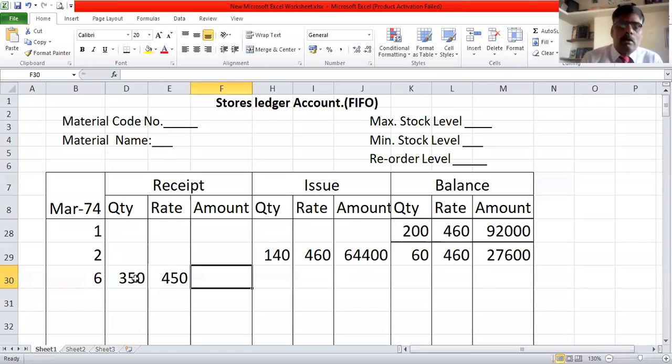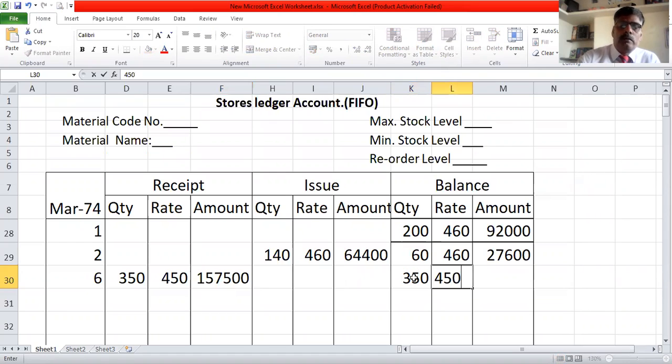You calculate the amount. 350 into 450 is equal to 1,57,500. Oh, sorry. 1,57,500 is the total. And take to the balance column. 350 at the rate of 450, amount is 1,57,500.